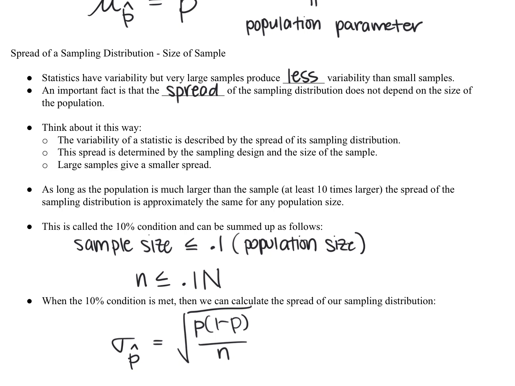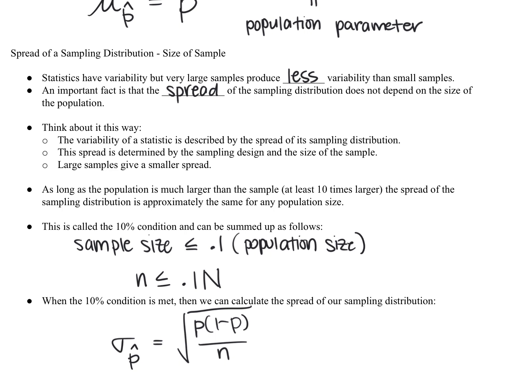Your variability is described by your spread. A larger spread in the data means more variability, a smaller spread, less variability. So spread is determined by your sampling design, whether or not it's an SRS, and the size of the sample. Larger samples give a smaller spread.